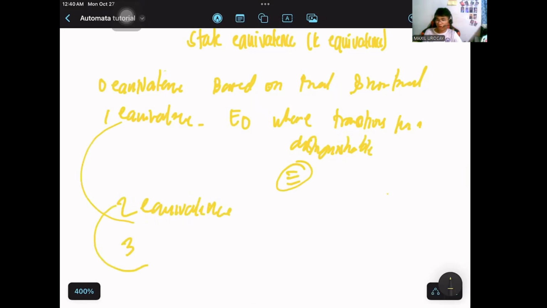If your answers for checking the equivalence are always the same as the previous equivalence, for example equivalence 3 is the same as equivalence 2, you will stop at equivalence 3. Make sure that you always validate that: K plus 1 must be like that as always.